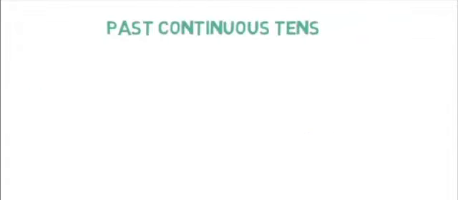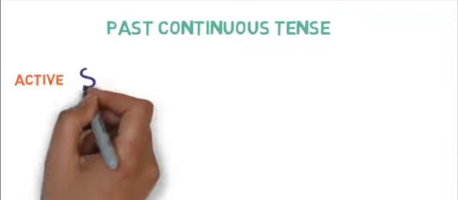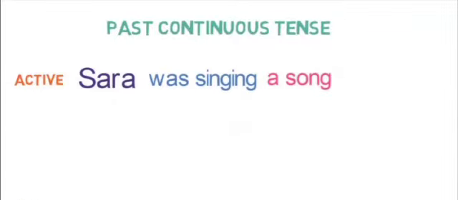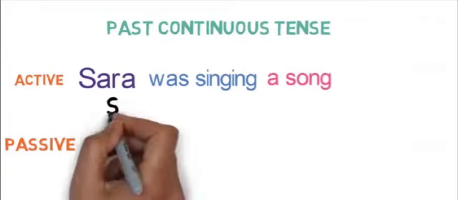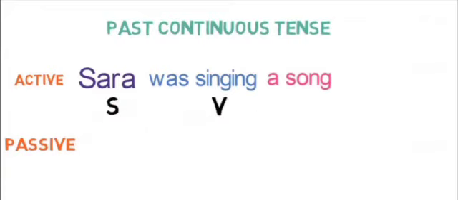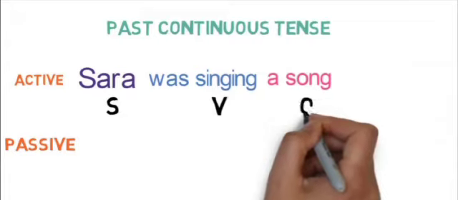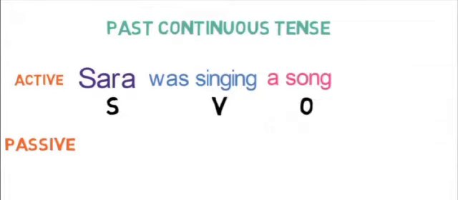Now past continuous tense. Active form, Sarah was singing a song. Sarah is the subject. Singing will be the verb, song is the object. Now swap the positions.